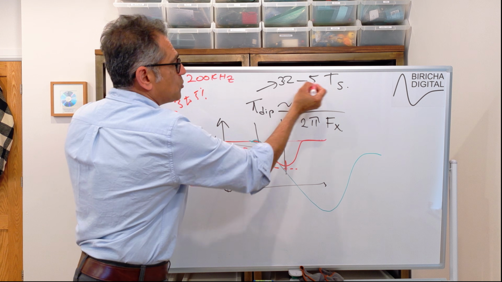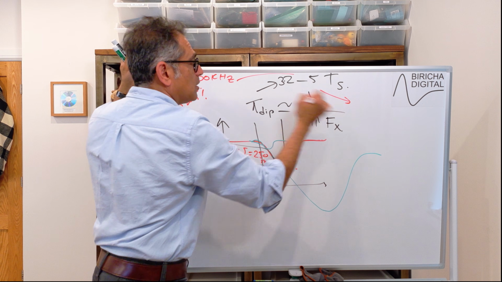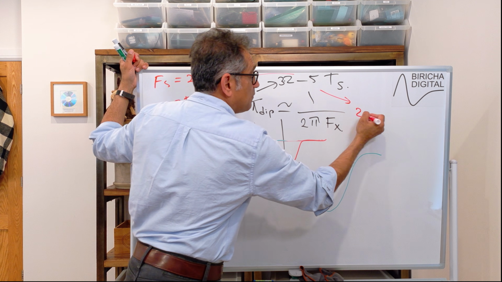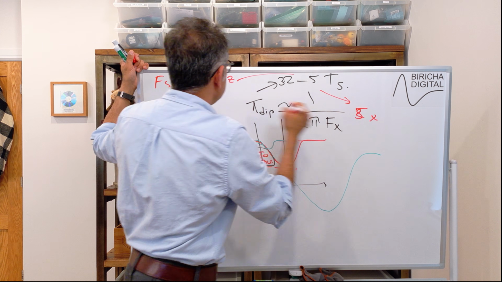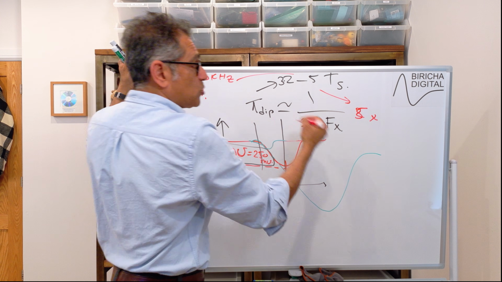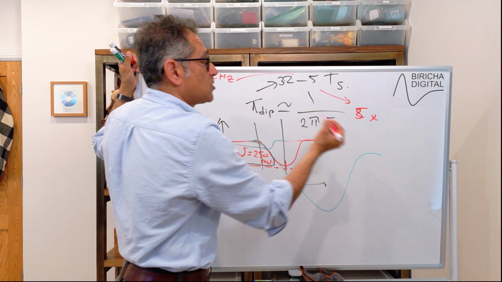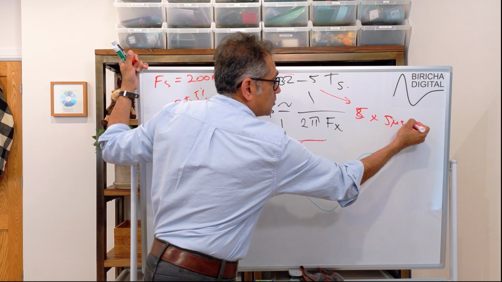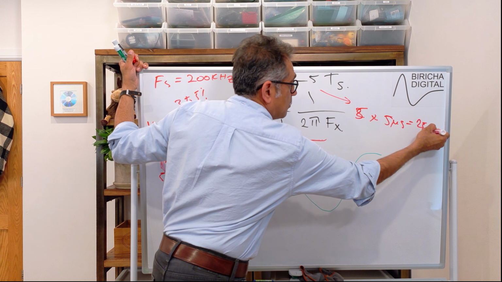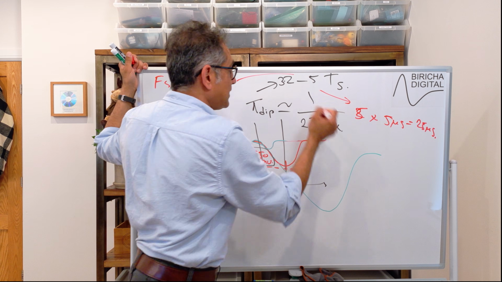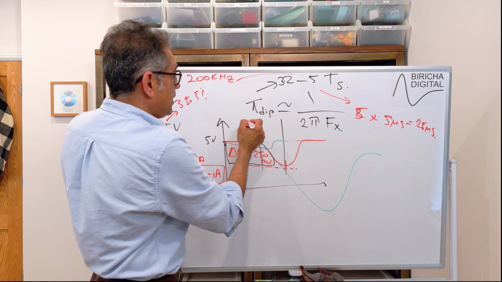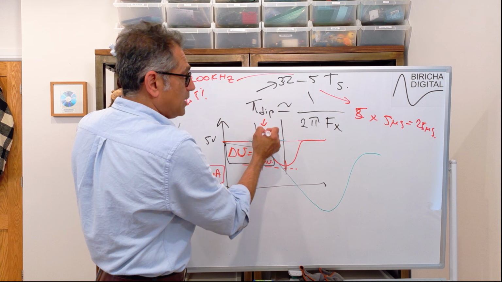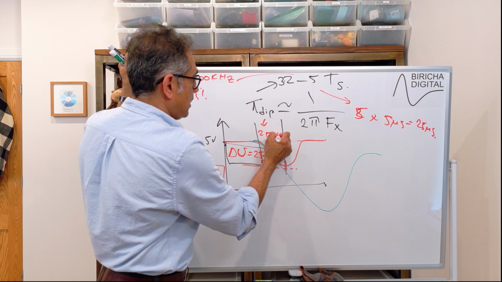Then 5 switching cycles would give me 5 times the period of one switching cycle, which for a 200 kilohertz power supply would be 5 microseconds, which is 25 microseconds. So that is the third number that I need. My T dip here is 25 microseconds.